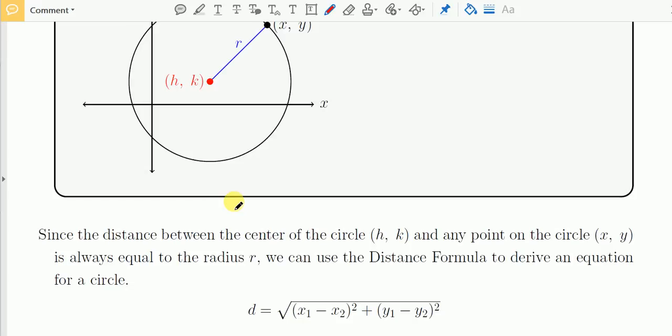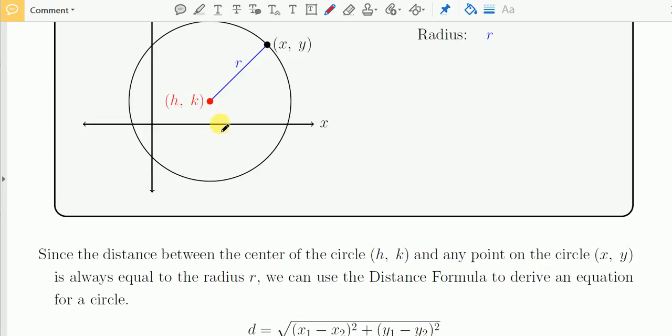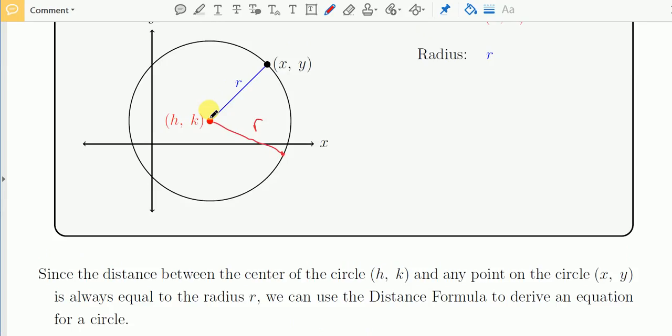Okay, so the distance between the center of the circle (h, k) and any point on the circle (x, y) is always equal to the radius r. So from here to here, it is also another radius r. Any point from here to here, they all have the same equal distance r.